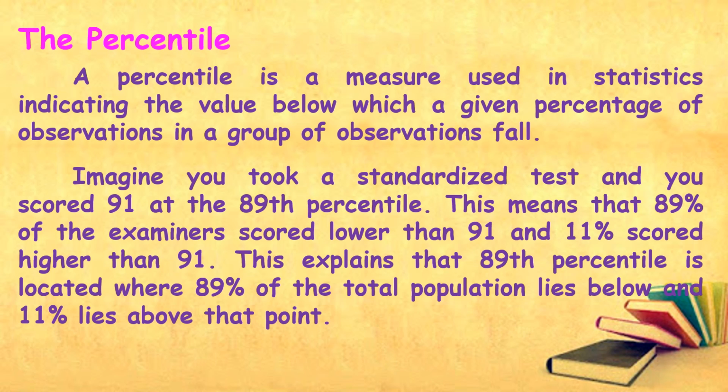Imagine you took a standardized test and you scored 91 at the 89th percentile. This means that 89% of the examinees scored lower than 91 and 11% scored higher than 91. This explains that the 89th percentile is located where 89% of the total population lies below and 11% lies above that point.